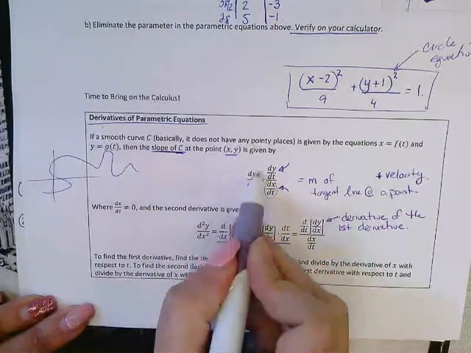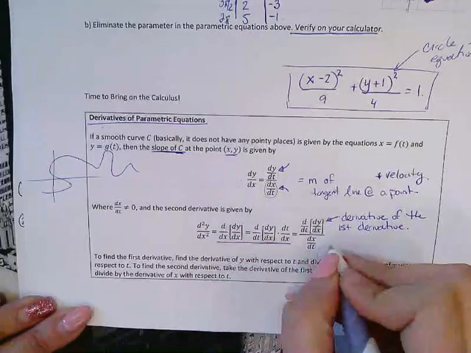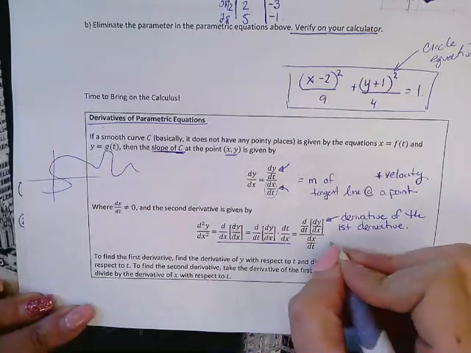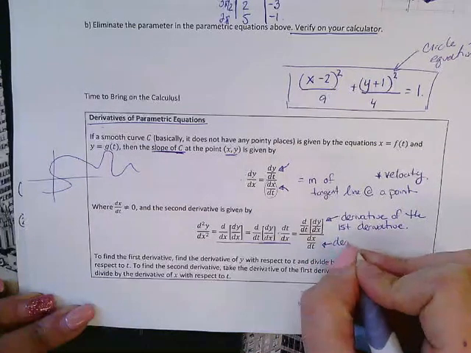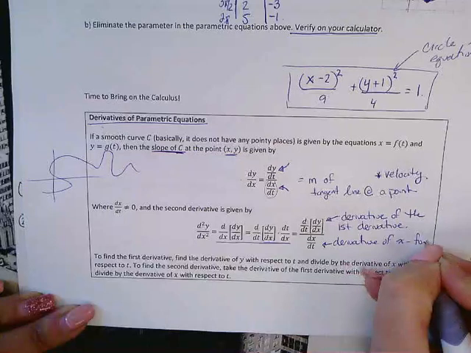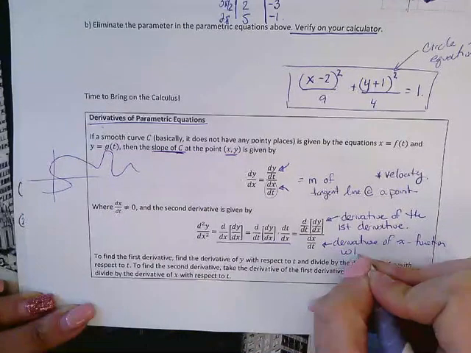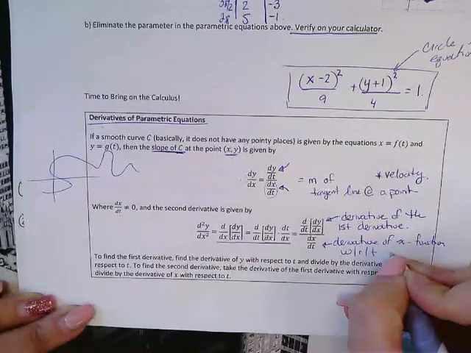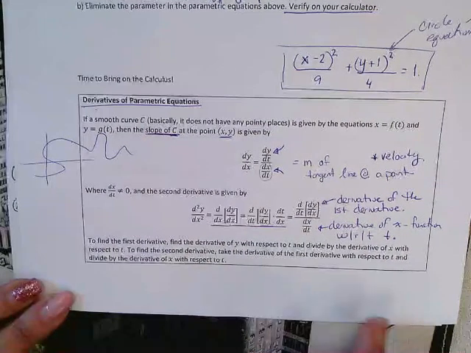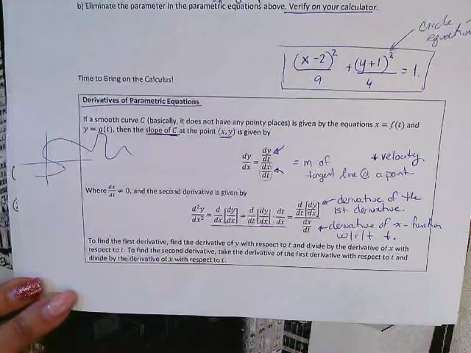So it's the derivative of that dy dx divided by the derivative of the x function with respect to t. And then this little statement just says exactly what I just said.